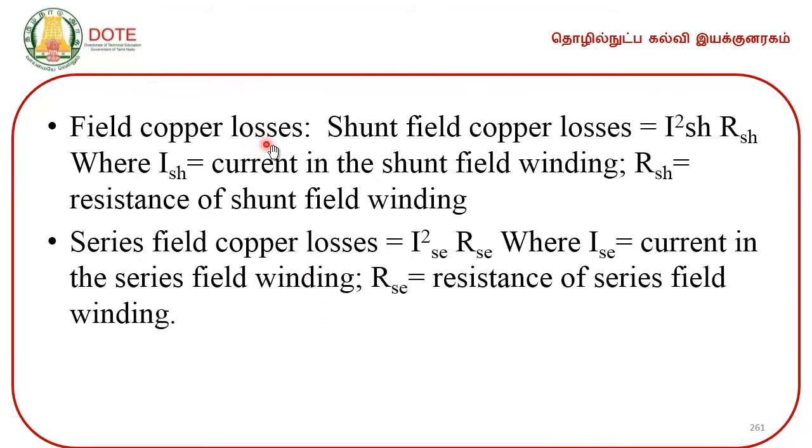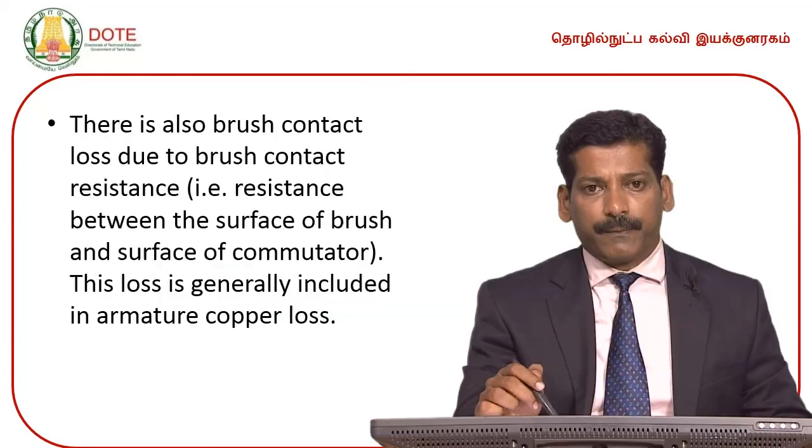Then comes the field copper losses. Shunt field copper loss is given by the expression Ish square Rsh, where Ish is the current in the shunt field winding, Rsh is the resistance of shunt field winding. Then series field copper loss, Ise square Rse, where Ise is the current in the series field winding, Rse is the resistance of series field winding.